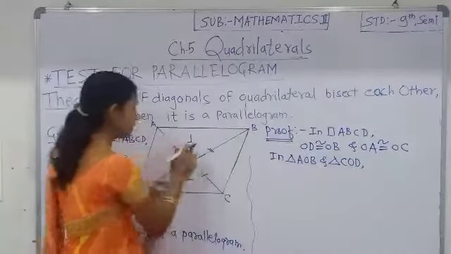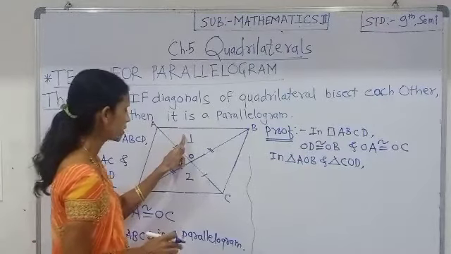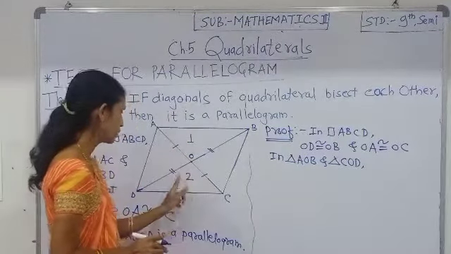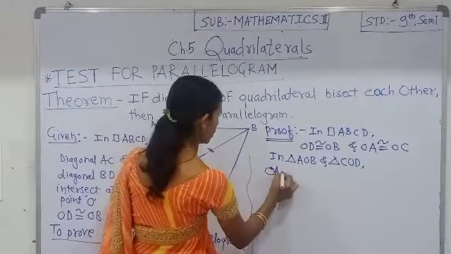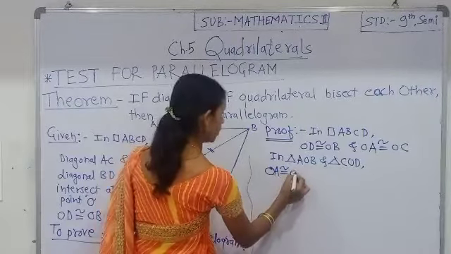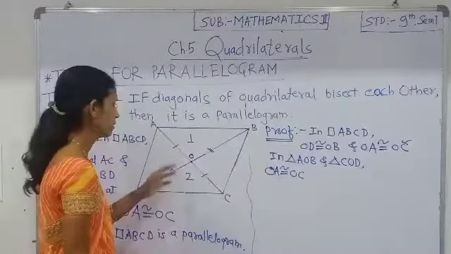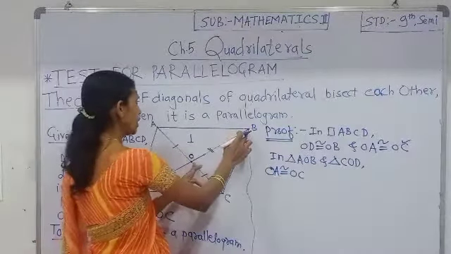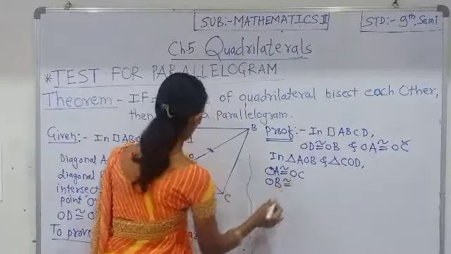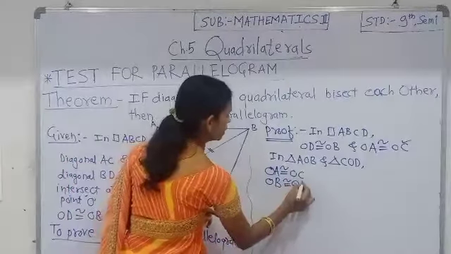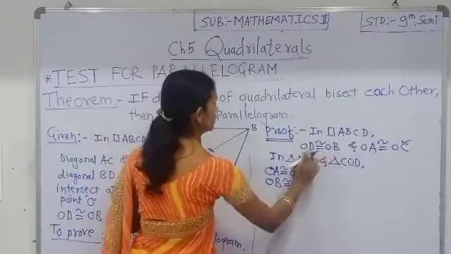In those two triangles, OA of the first triangle is congruent to OC of the second triangle, because it is the given property. Similarly, OB of triangle AOB is congruent to OD, which is also given.